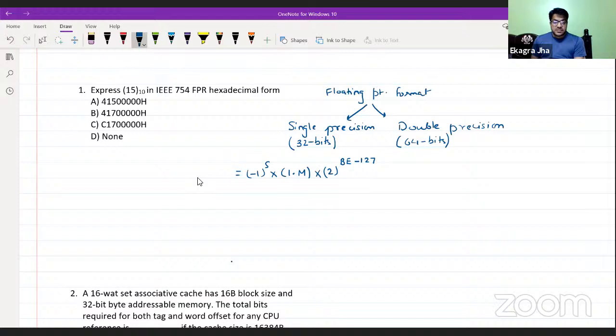Here, S is the sign, M represents mantissa, the fractional part of the floating point value, and BE is denoted by biased exponent.